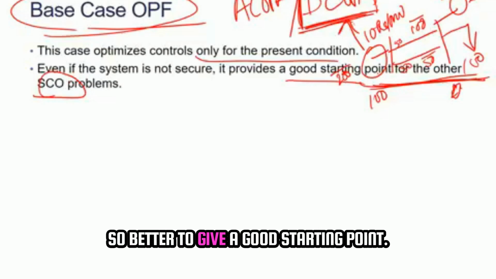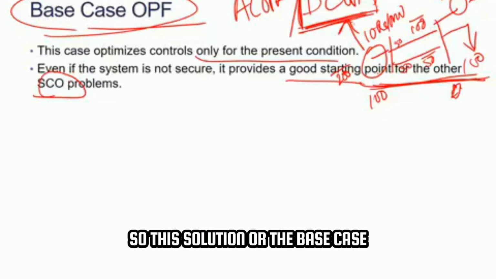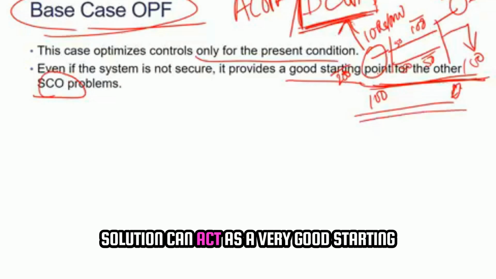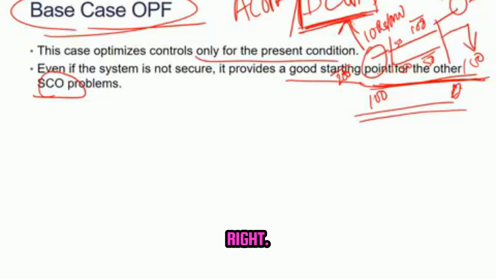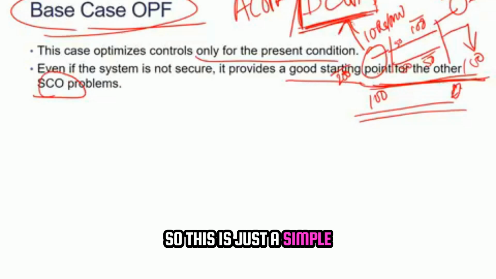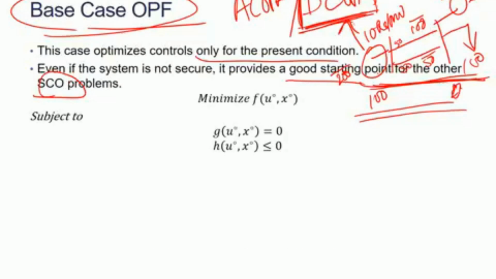So it is better to give a good starting point. The base case solution can act as a very good starting point for this type of problem, right? This is just a simple background I was giving here.